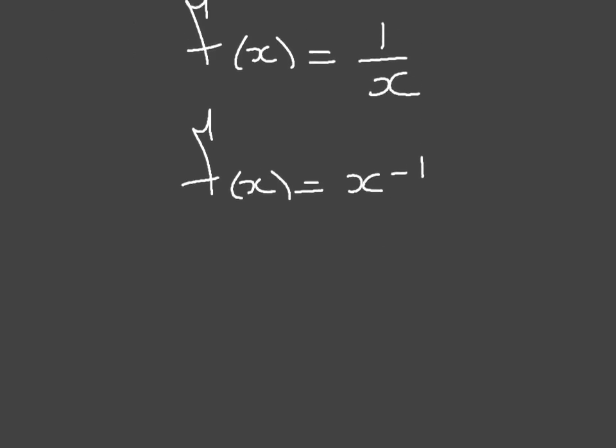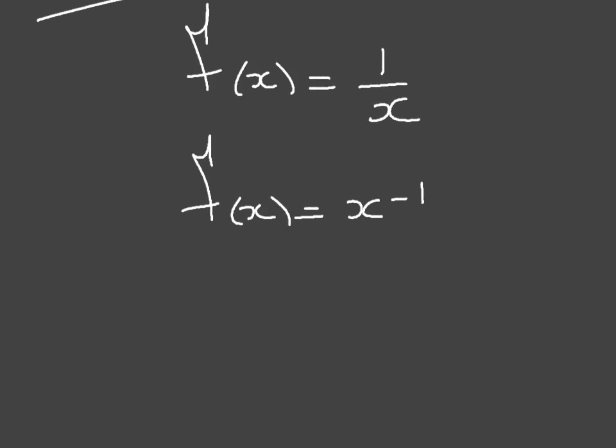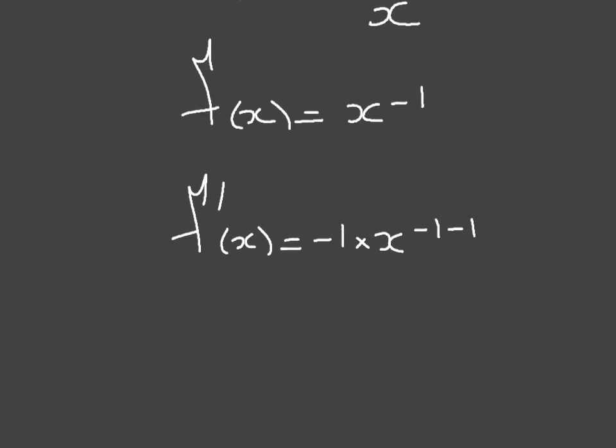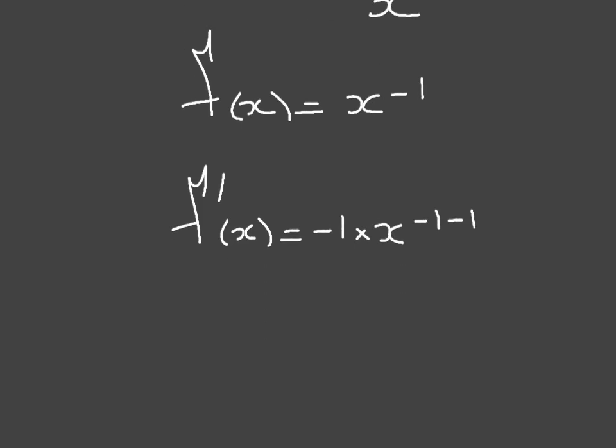And so we can use the power rule and say that the derivative function, f dash of x, is equal to negative 1 times x to the power of negative 1 minus 1, which leads to f dash of x is equal to negative 1 times x to the power of negative 2.